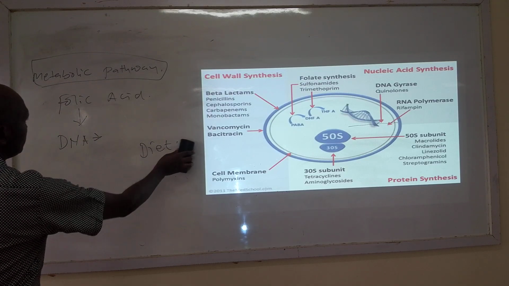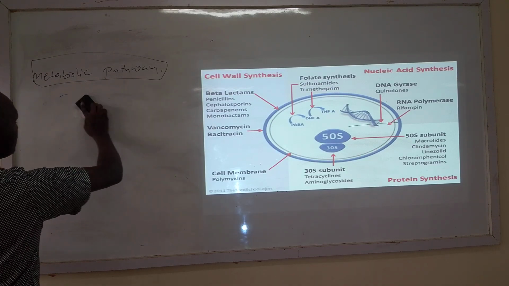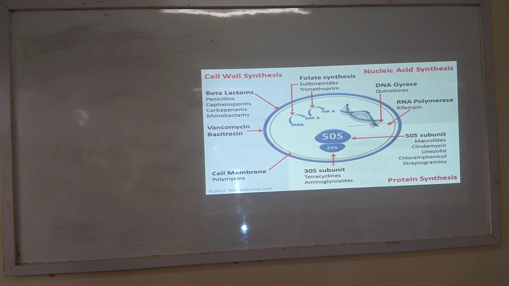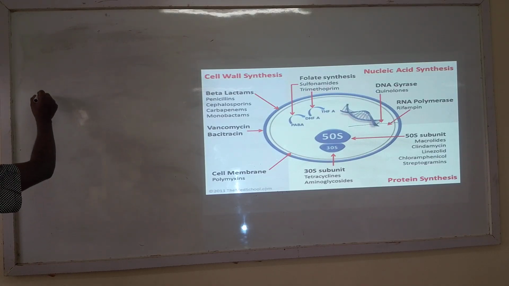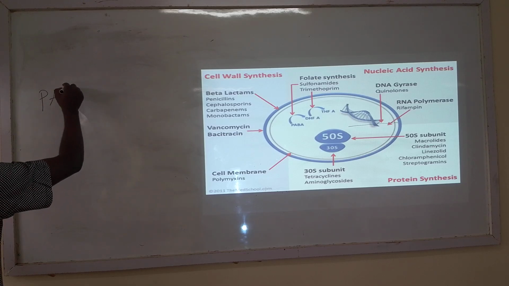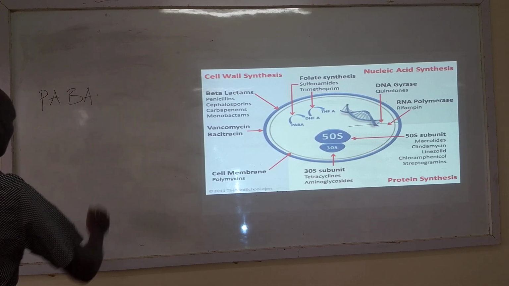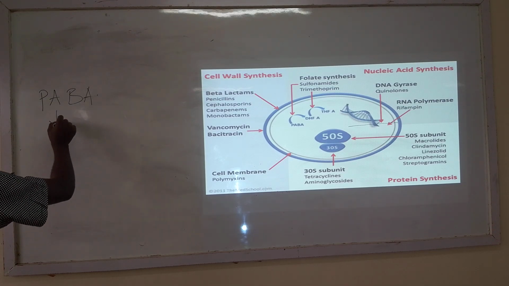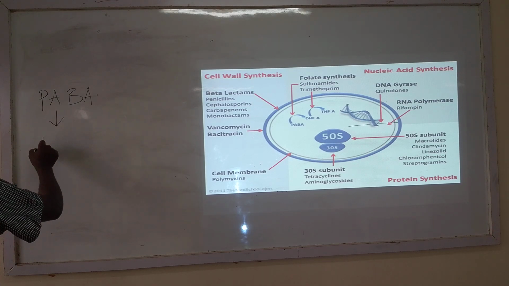For example, there is a precursor that is used in the formation of folic acid molecules, which we call PABA. So this molecule is a precursor for the formation of folic acid.